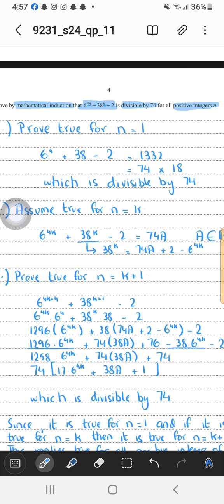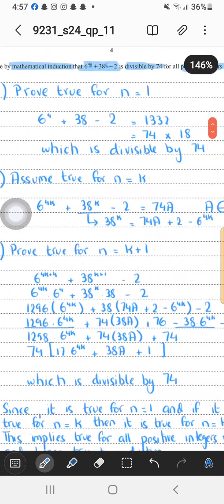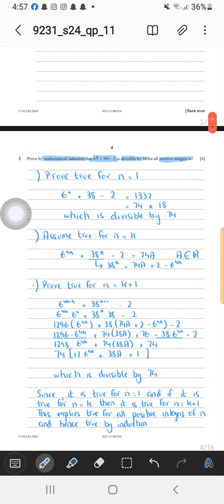So we got 38^k, and we substituted 74a plus 2 minus 6^(4k) instead of 38^k, then simplified it, and finally proved that it is divisible by 74. Then we stated the conclusion: since it is true for n is equal to 1, and if it is true for n is equal to k then it is true for n is equal to k plus 1, this implies true for all positive integers of n, and hence true by induction. Thanks for watching the video.